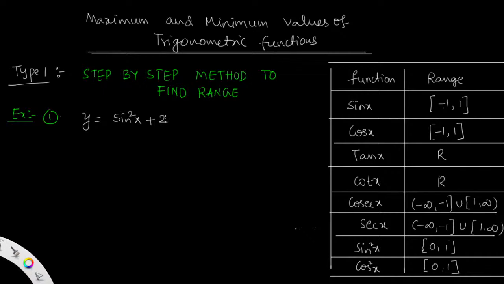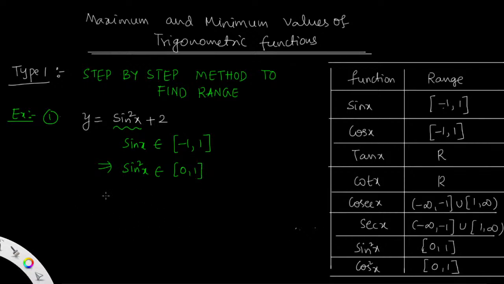First we go step by step to find the range. We know sine x belongs to [-1, 1]. Then sine square x belongs to [0, 1]. But the question is given as sine square x plus 2, so sine square x also 0 to 1.